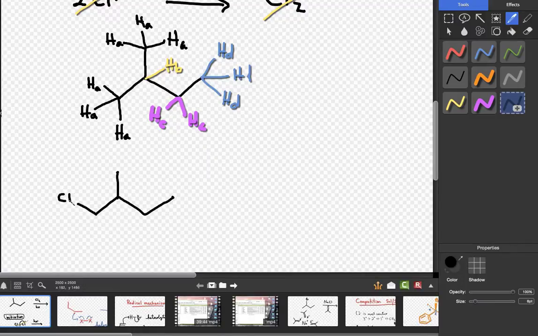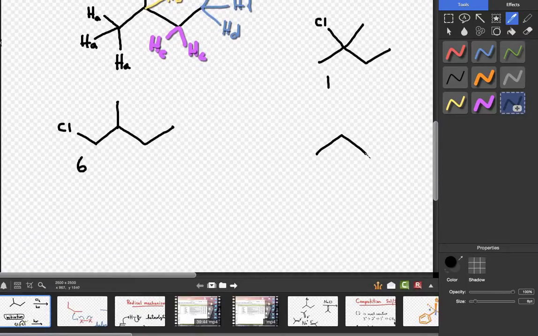Here's one compound, and there are 6 hydrogens that I can remove to make this compound. I could also, of course this is the one that we showed mechanistically. There's only one hydrogen I can remove to form the tertiary chloro product.